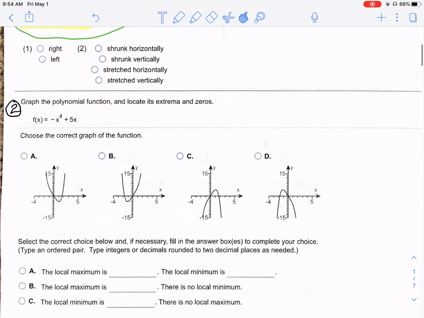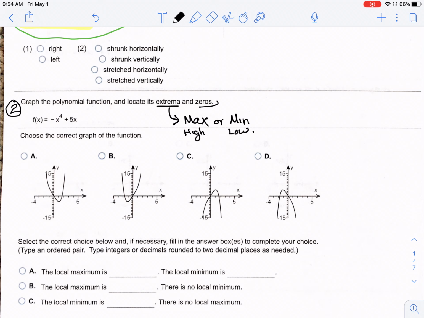Number 2, we're going to graph a polynomial and locate its extrema and zeros. Extrema are the max and the min, maximum or minimum, or the high point, or the low point.